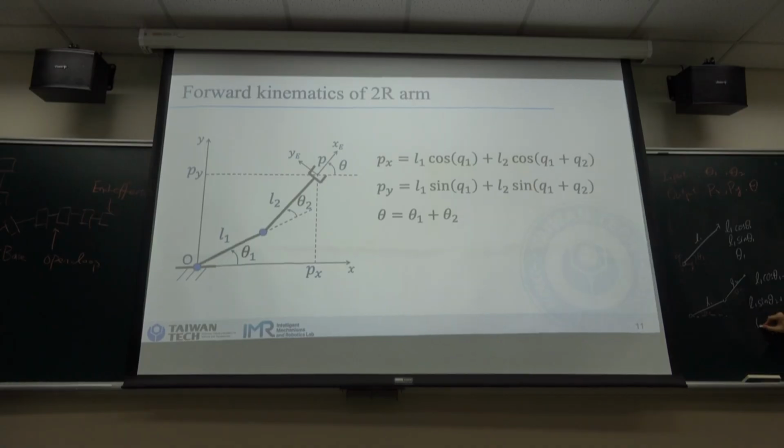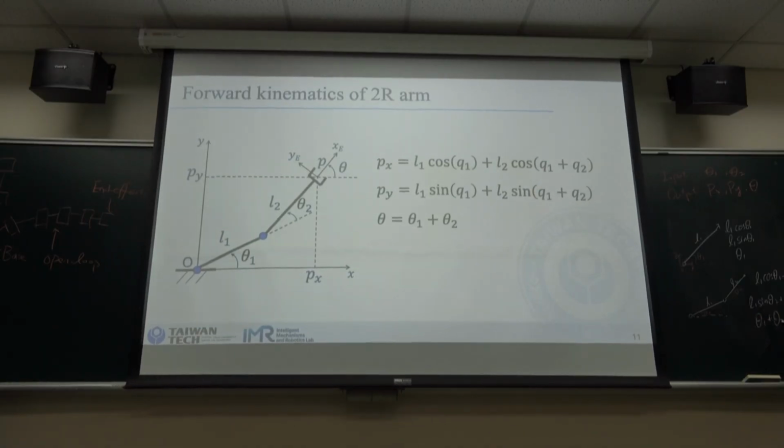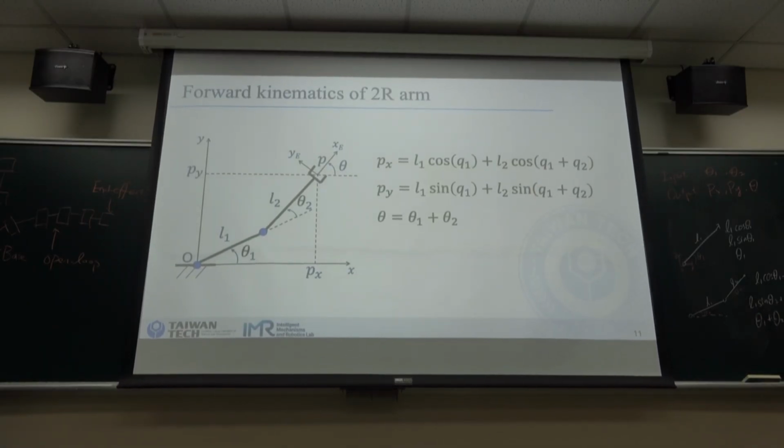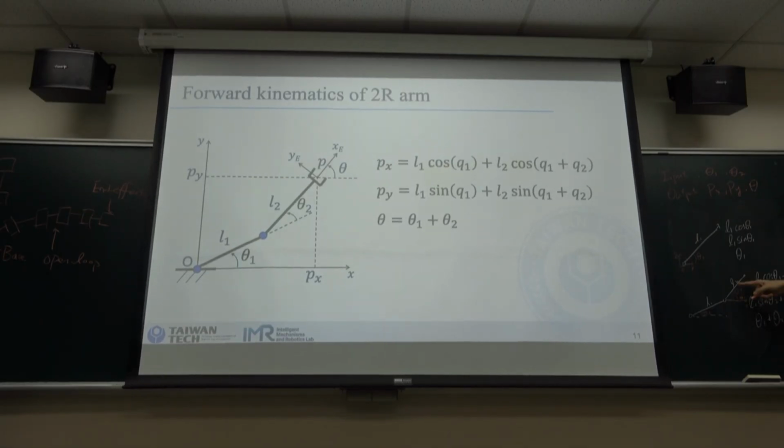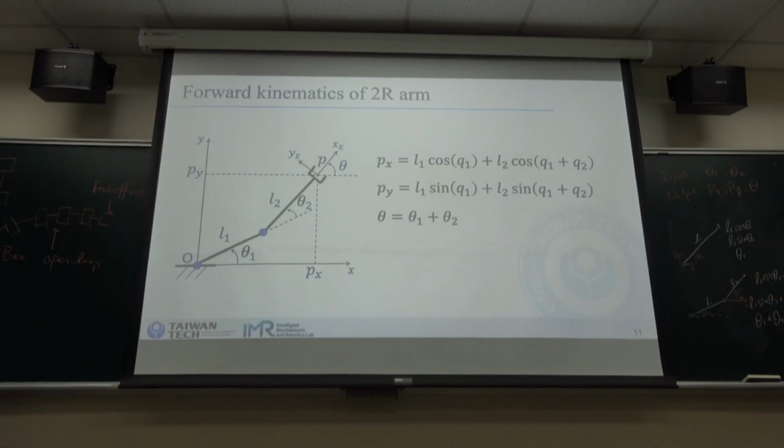And for the orientation, it's theta 1 plus theta 2. This is because if we are using these x, and here is theta 1, we have theta 1 plus theta 2 times the L2 to get a position.